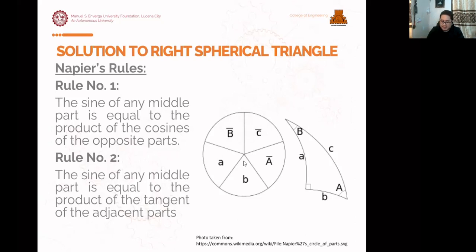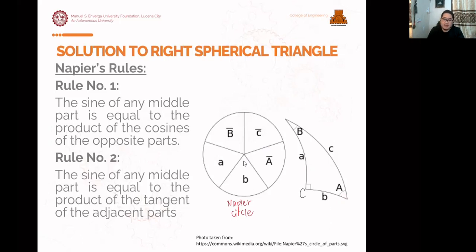So, kailangan, meron siyang present na conversion ng right spherical triangle natin and kino-convert natin siya into yung tatawag nating Napier circle. So, ito yung Napier circle natin. Okay? So, si Napier circle natin is naka-base yan kung alin yung side o alin yung angle na naka 90 degrees. So, mula dito sa figure natin to the right, we have a spherical triangle ABC.